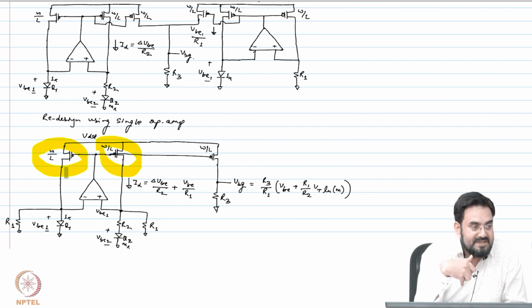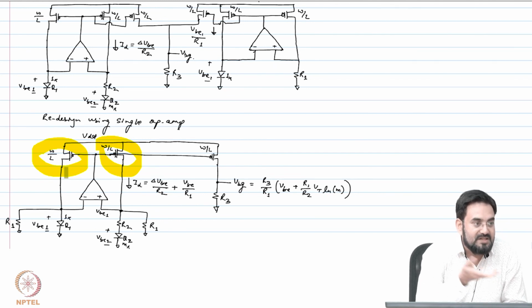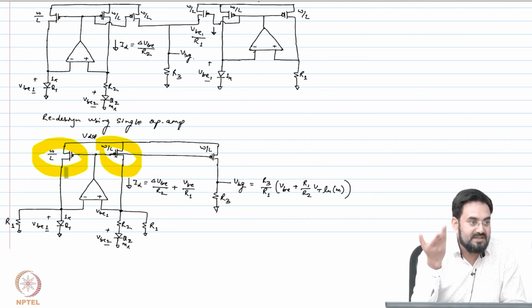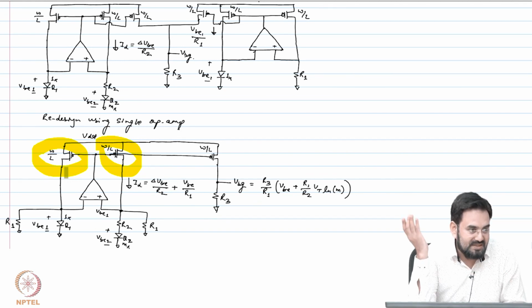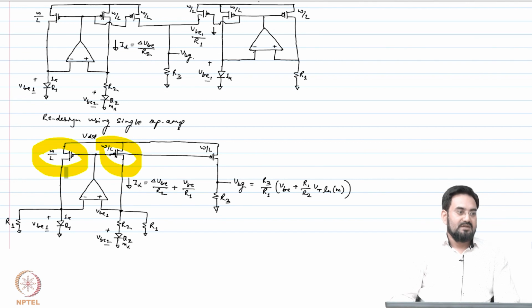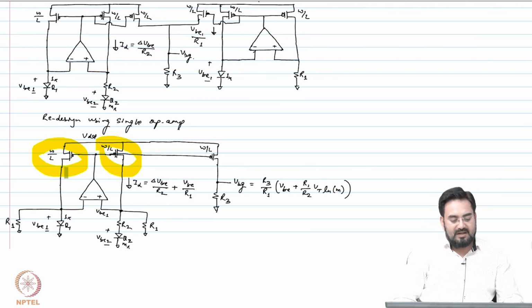So let us say VB is roughly 0.7 volt and your VDD is 1.2 volt. So both will see 500 millivolt. Okay. Now if your VBG is not 0.7 volt, if you design this for 0.7 volt, then they will be roughly same. Okay. But that will also be at one particular temperature, because VB is a function of temperature, but band gap voltage is not a function of temperature. So you might see some variation, maybe plus minus 100 millivolt or so, but obviously it will be much better compared to if you use a different value.